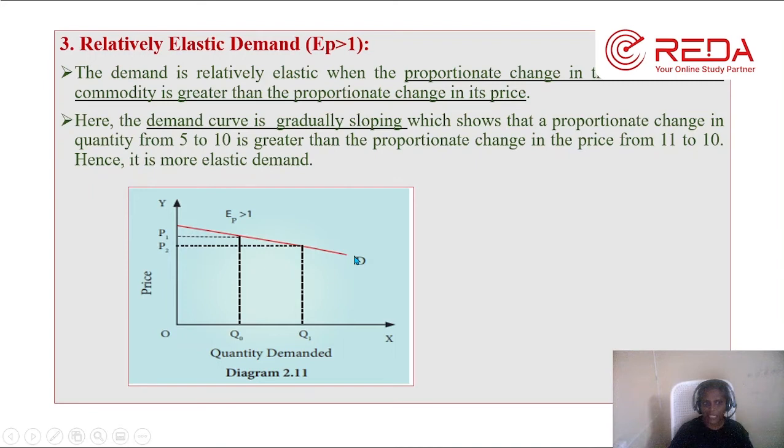It indicates that smaller changes in the price level lead to higher changes in the quantity demanded for a commodity, which we call relatively elastic demand, or EP is greater than 1. This is the third situation.